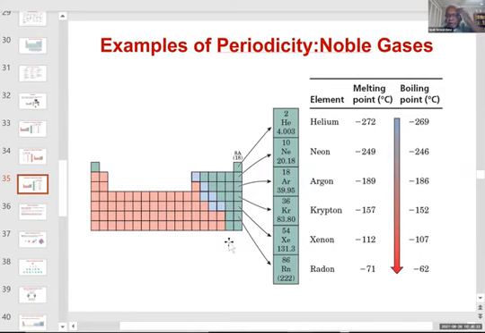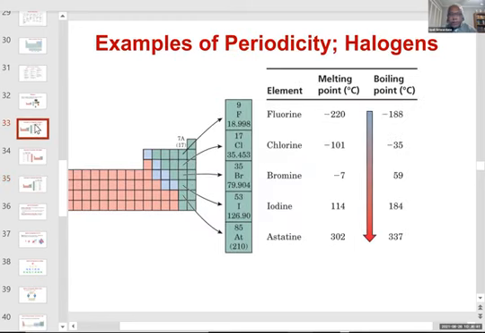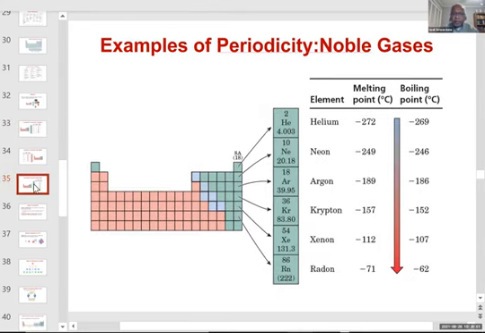On the other hand, noble gases show the same trend as the halogens. They increase as you go down. So that's what we saw here also. There's some periodicity, some trend in the periodic table you can use. Non-metals increase in melting and boiling points as you go down the group.